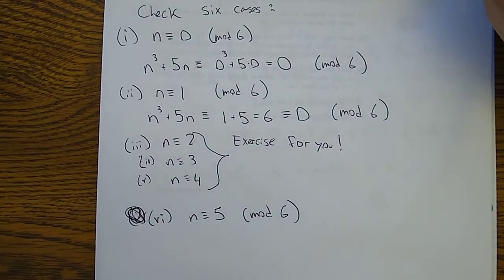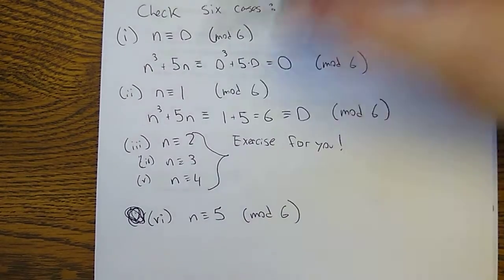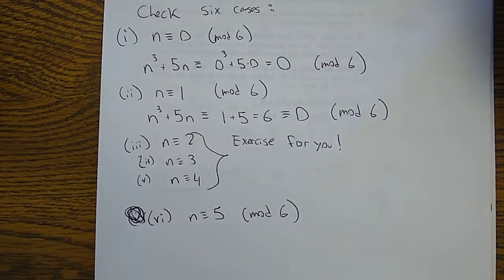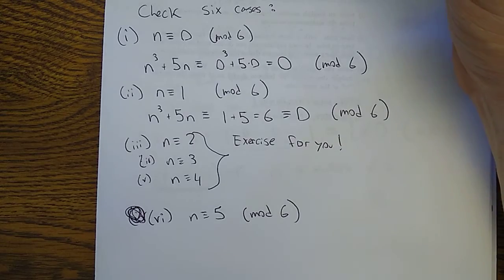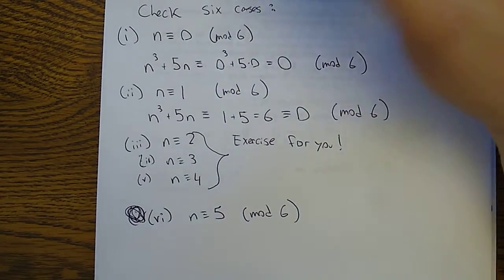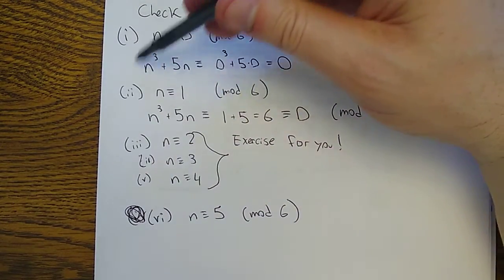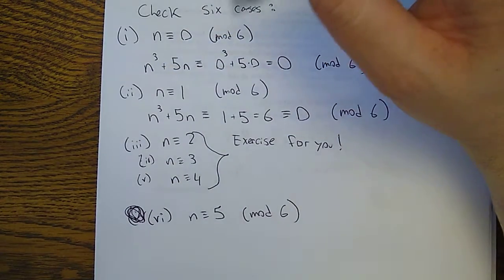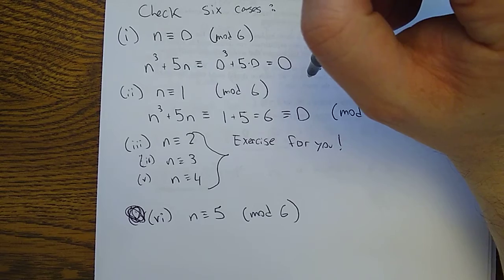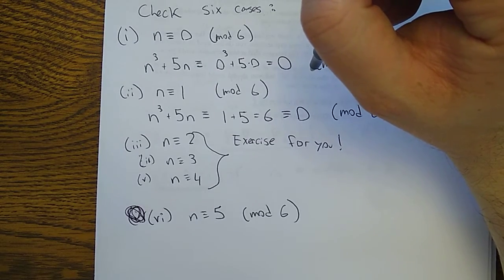Let me actually show you a little bit of a shortcut here. 5's a big number. Well, okay, I sound like a real baby saying 5's a big number, but we have to do 5 cubed, which is in the hundreds, and then I have to add something. I would prefer to deal with smaller numbers if I can.